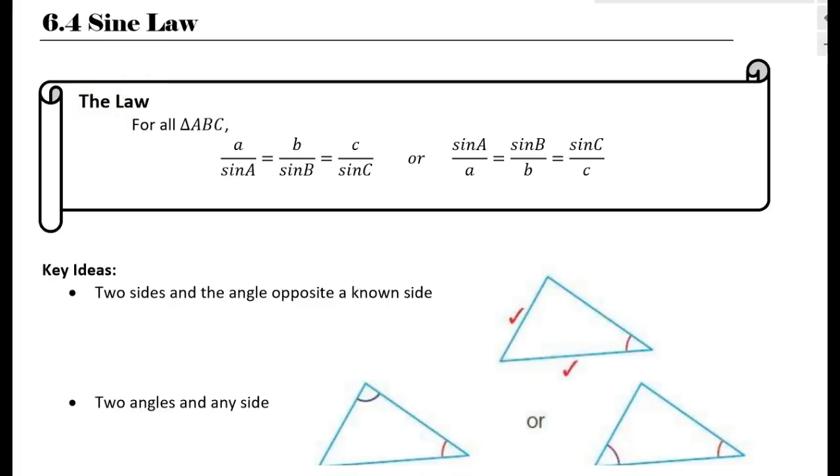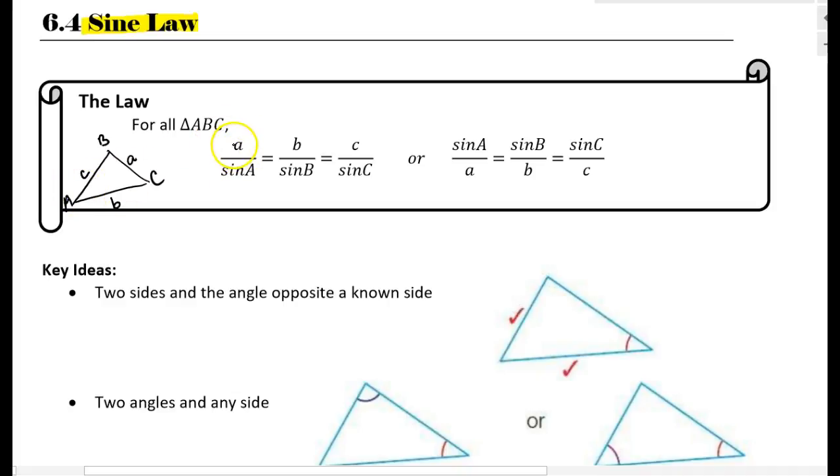So the law itself for sine law says that for any triangle ABC, we can set up these ratios. So just to give you an idea, we're talking about any triangle at all, A, B, C. And remember that your opposite side is named with the same letter in lowercase, so a, b, c.